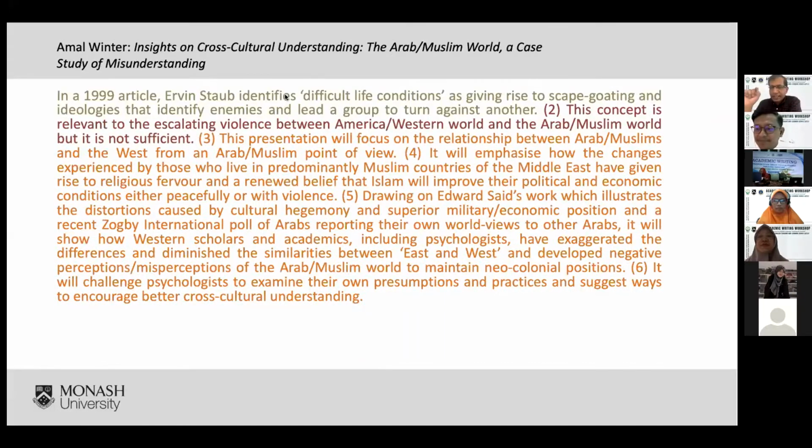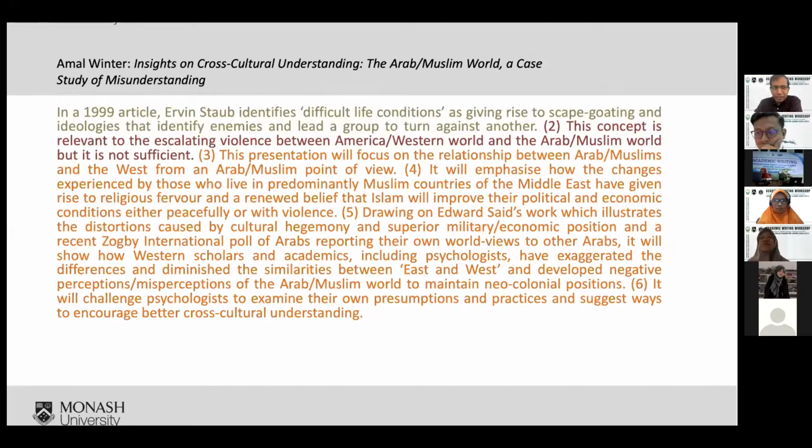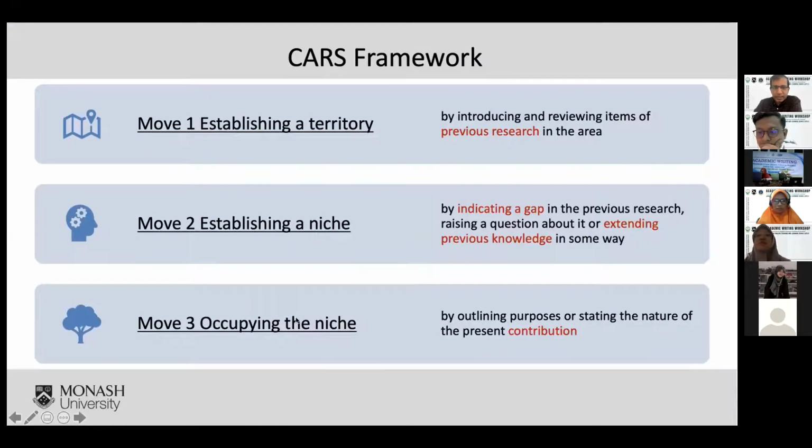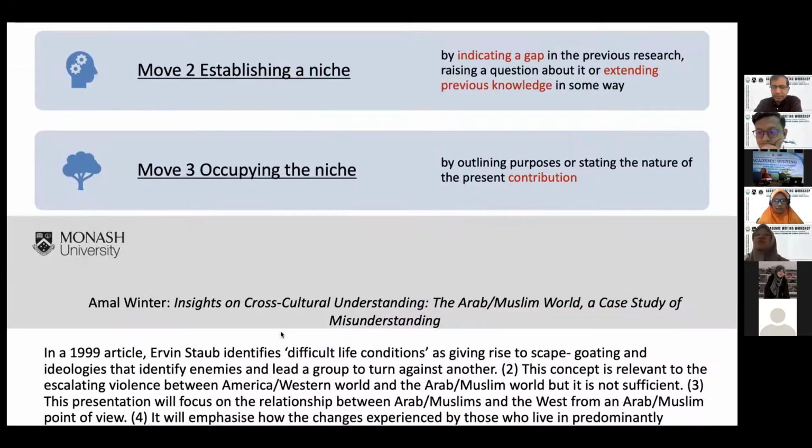Yes. If you look at the color coding, the first 2 moves are the shortest. It's only 1 sentence. The third move, which is occupying the niche, this one, this is the longest. Okay.